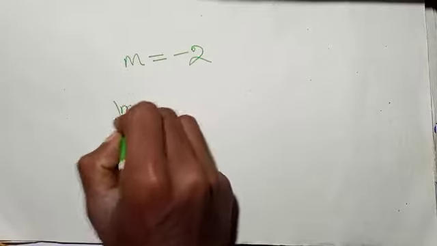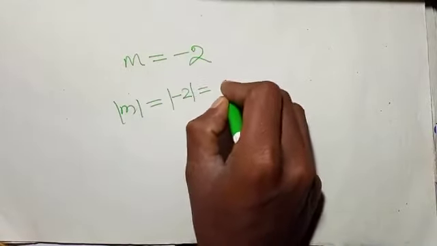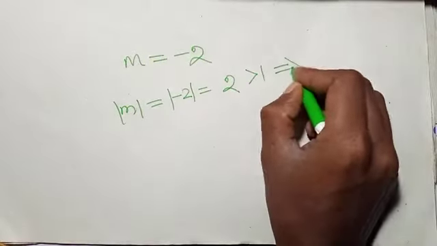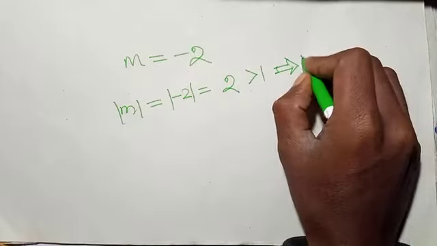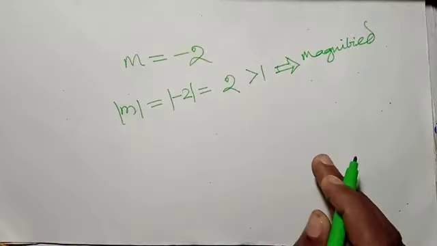Now what is the mod value of M? The mod value of M will be the modulus of minus 2, that will be 2. And it is greater than 1. So greater than 1 means the image is magnified.